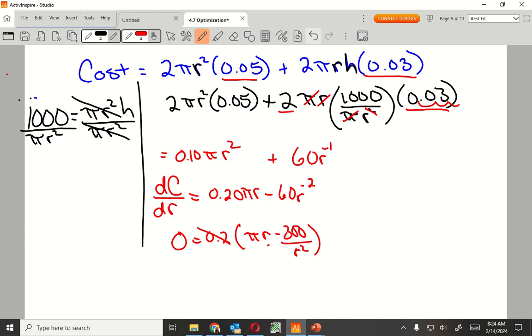So I need to multiply this side, which is currently 1, by r squared. So I'm going to get pi r cubed minus 300 over r squared, and that's going to be equal to 0.